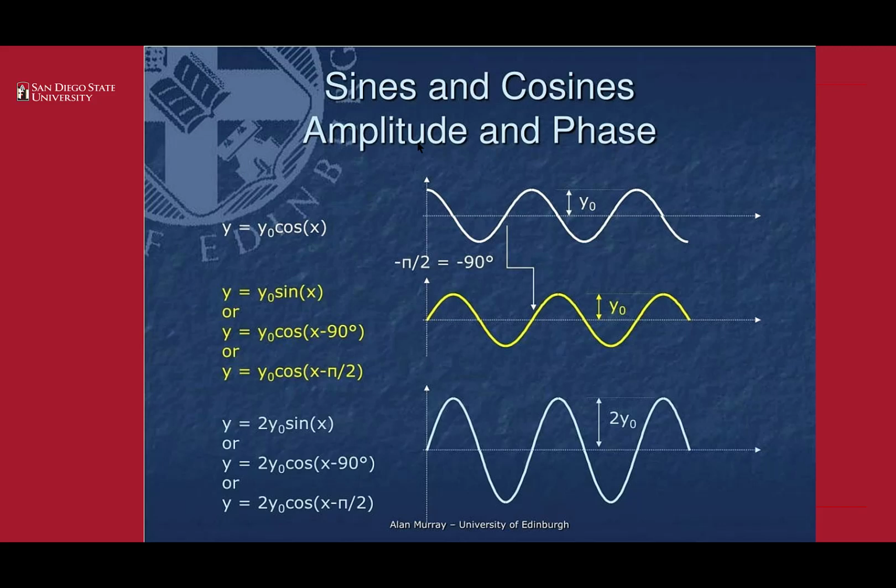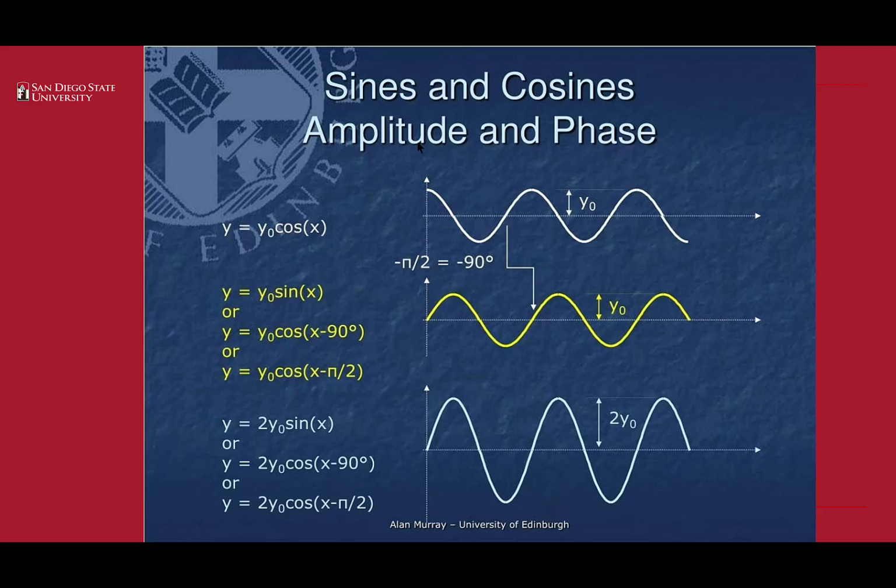All of these 3 equations are exactly the same waveform. Why? Because in the first one, we changed cosine x to sine x, which caused a phase shift of 90 degrees, because the phase shift of cosine and sine functions with the same given angle is 90 degrees, or let's say pi over 2.